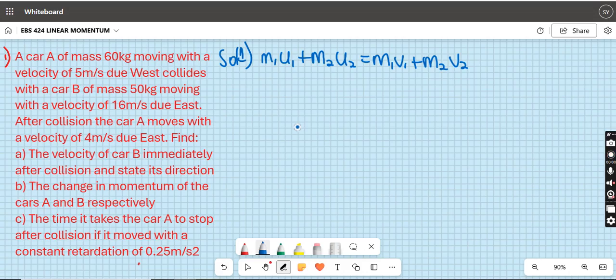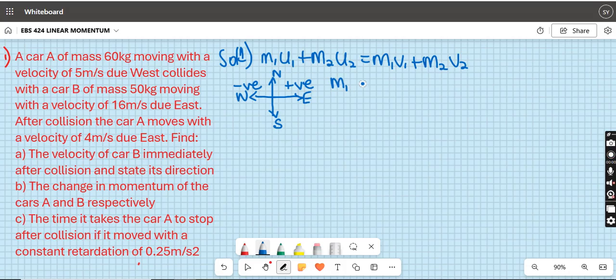Now, because of the nature of the question, if we consider our cardinal points, we have north, west, east, and south. Now let's consider westward movement negative and eastward movement to be positive.